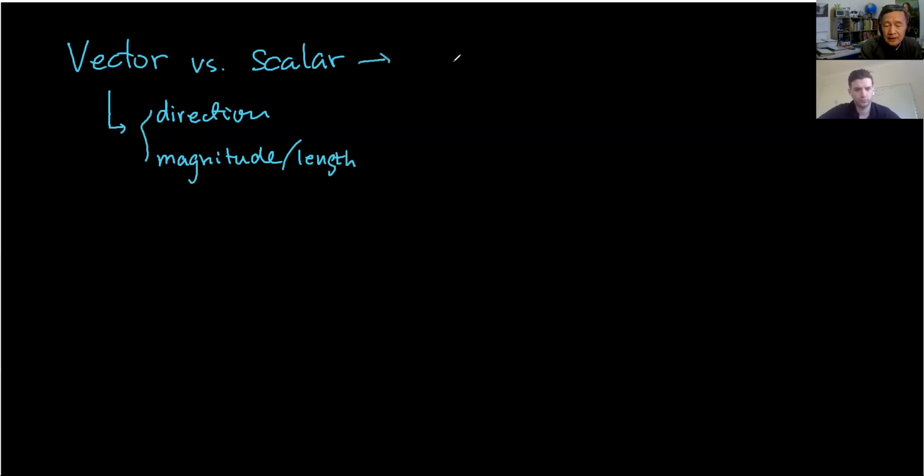A scalar, on the other hand, is just a number. It could be any number, real or sometimes complex. At this stage, we just assume it is a real number. It could be positive, could be negative.